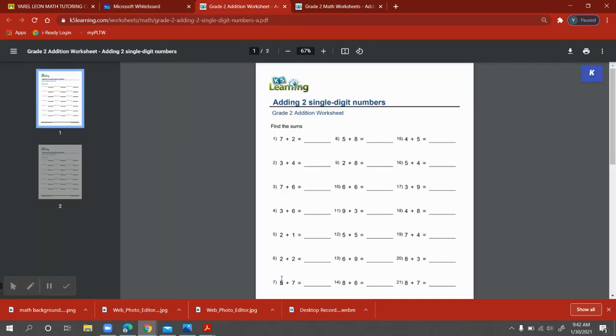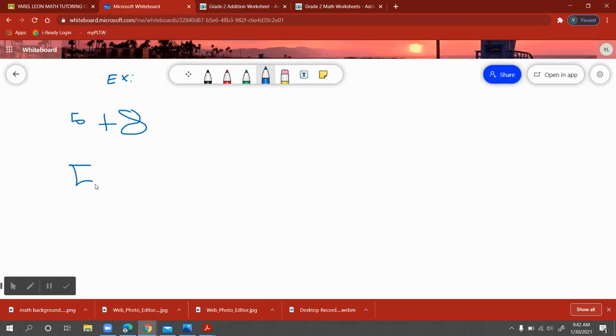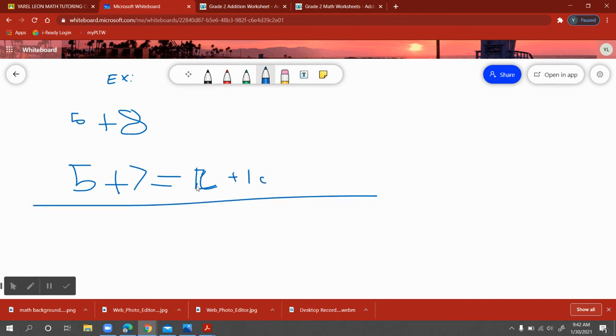Since 5 plus 7 is 12, and we know that, we just have to add one more car. So 12 cars plus 1 car equals 13 cars. Good job. So 5 plus 8 will equal 13.